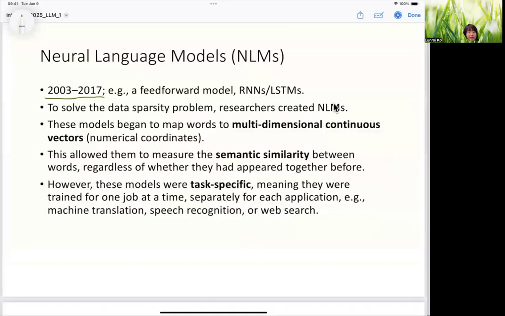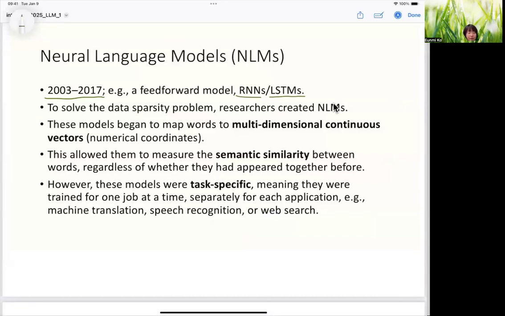I vividly remember that I struggled with learning this model. It includes feed-forward models, recurrent neural networks, and long short-term memories. To solve the data sparsity problem, researchers created these models.